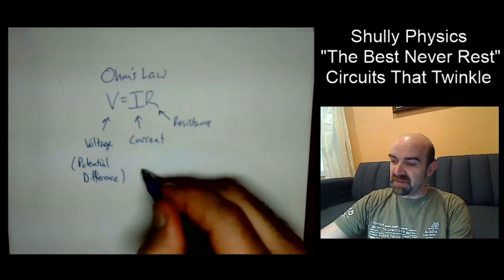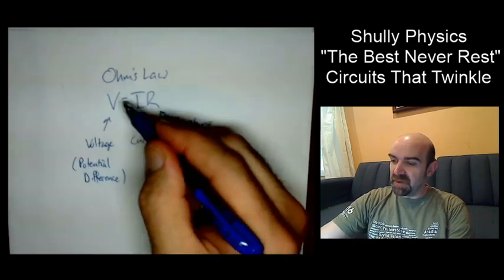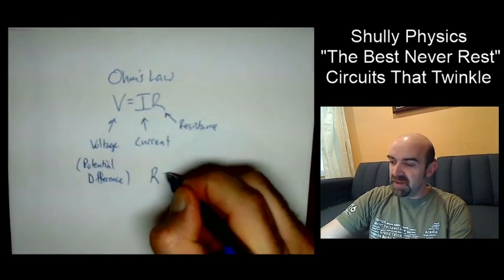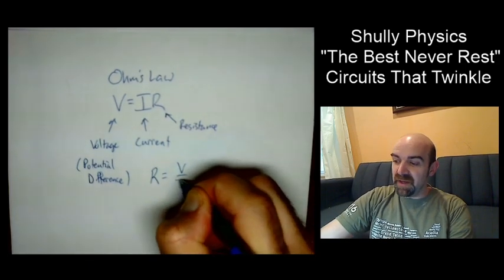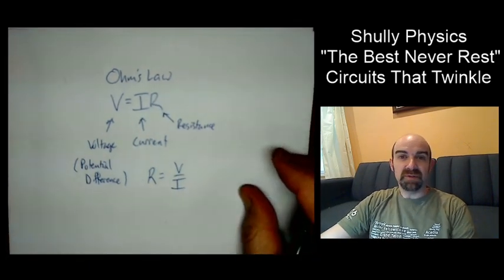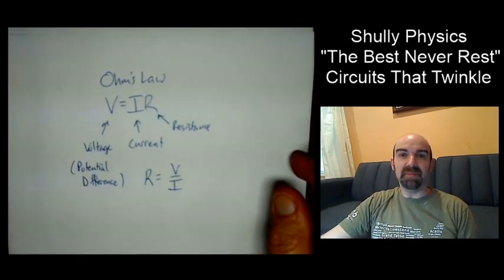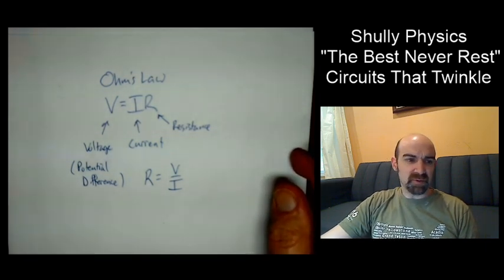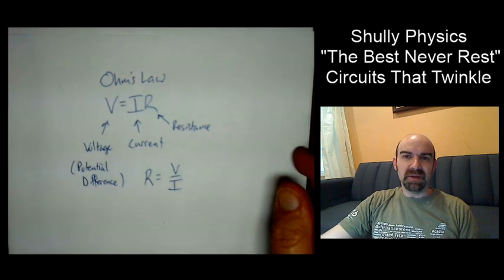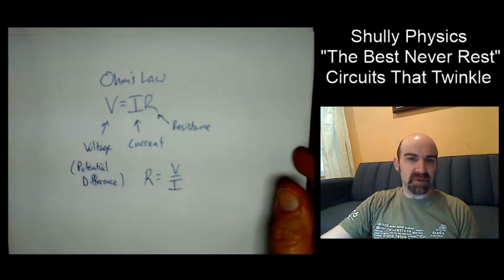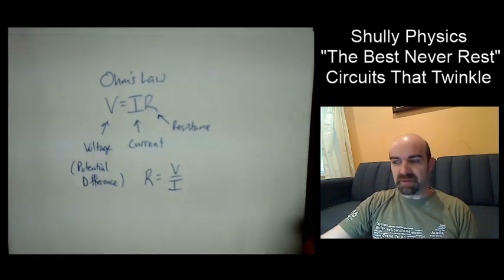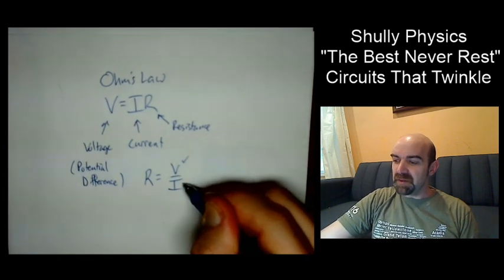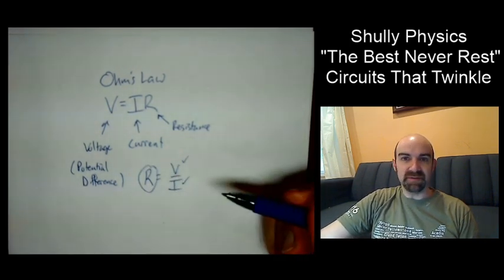To calculate resistance in this lab, you're going to rewrite this, dividing both sides by I. So R is V divided by I, or the voltage, like 6 volts divided by the current. Or if it's the light bulb, it was like 2.4 volts divided by the current through that. So just take your measured values, plug them in, and you'll solve for the resistance.